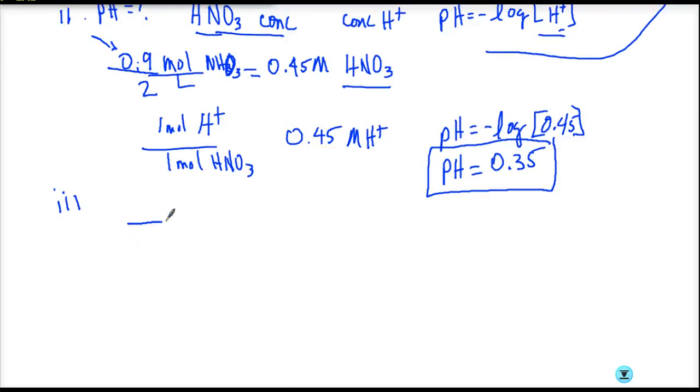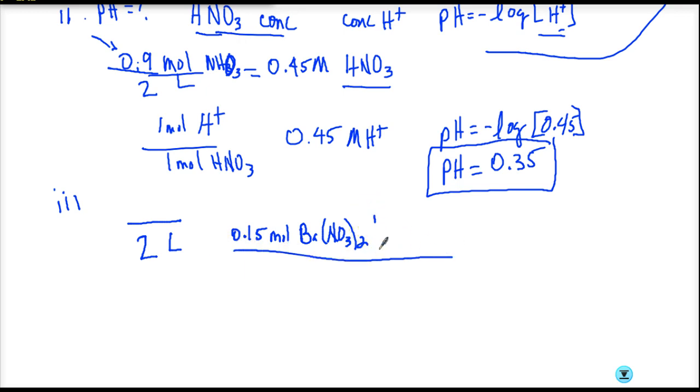You're talking about a solution, and whatever you have is going to be in 2 liters. Okay, so you have 0.15 moles of the Ba(NO3)2 in excess.